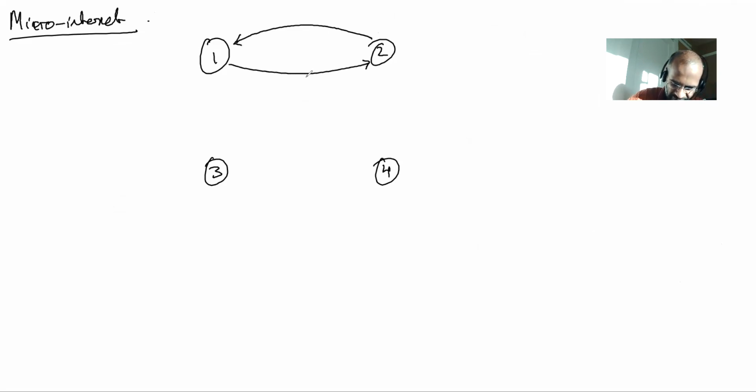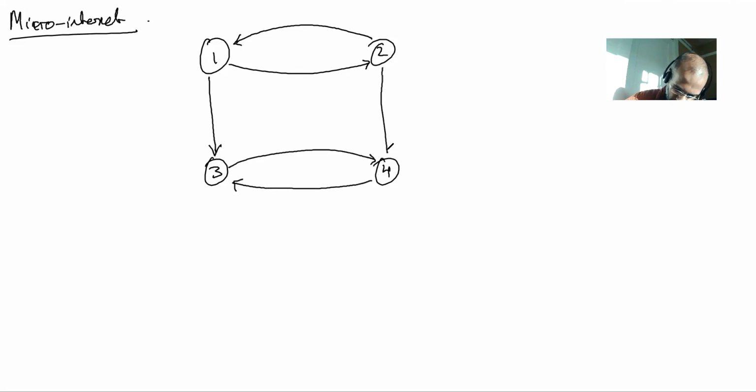An arrow means some web page has a link to some other web page. Okay, so this is just some example, a tiny version of the internet.